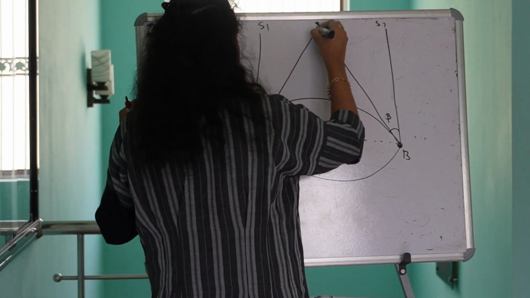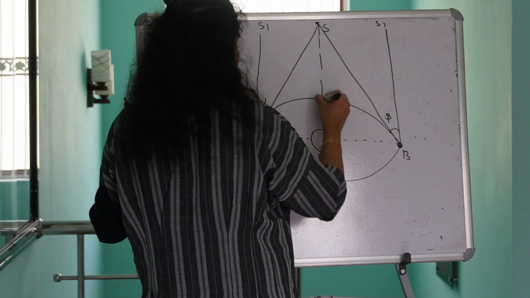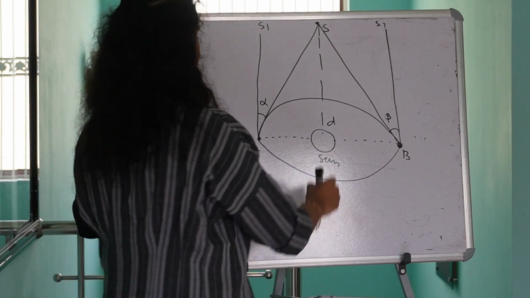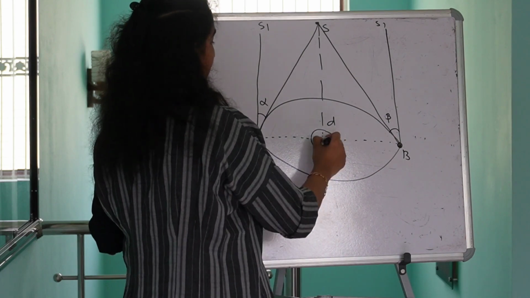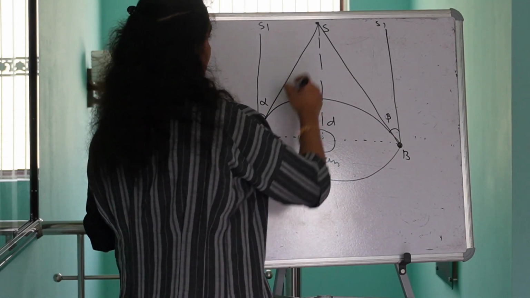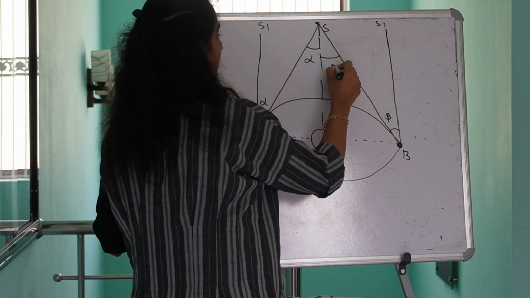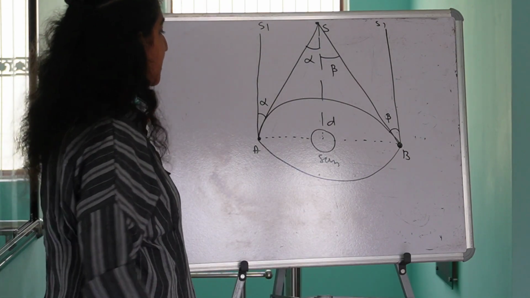Here actually speaking I have to find the distance D. So I got the measurement of parallax angle, that is equal to alpha plus beta.